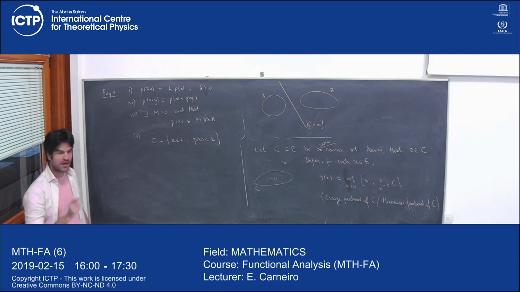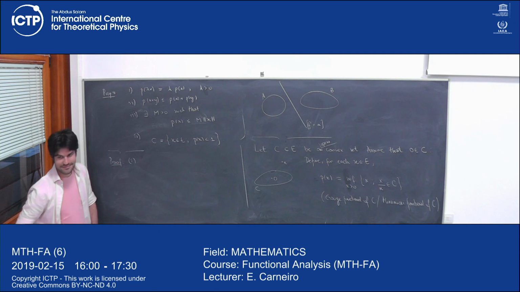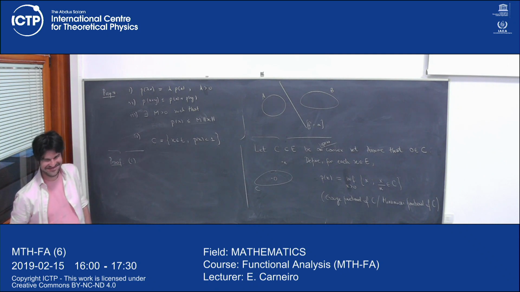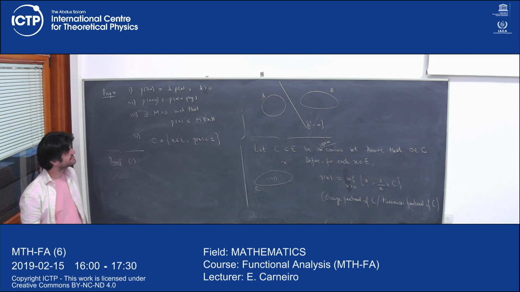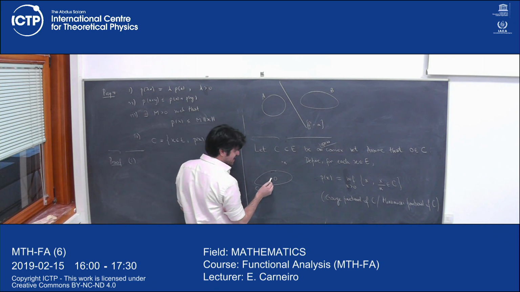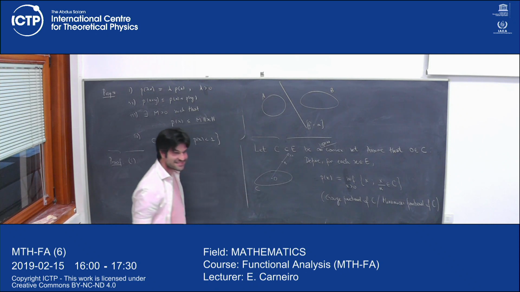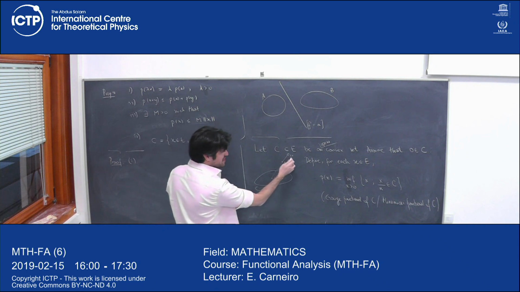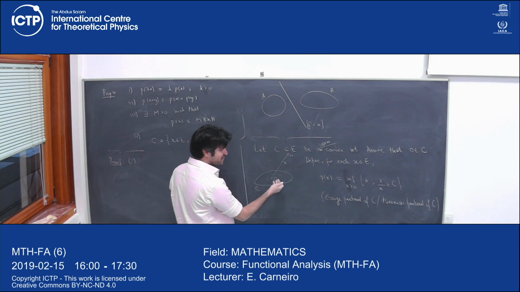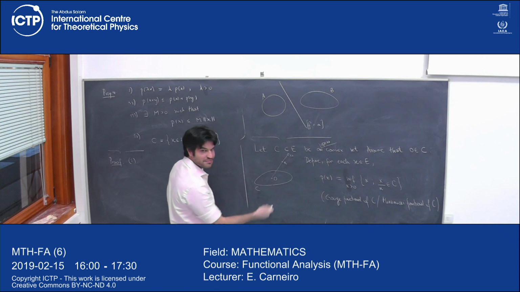Let me prove one of them, and then I'll ask for your help for the other 3. I'm going to prove number 1. So if I take my point x and multiply by lambda, in order to make lambda x fall into my set by dividing by somebody, I just have to multiply by lambda whatever it was dividing before, right?